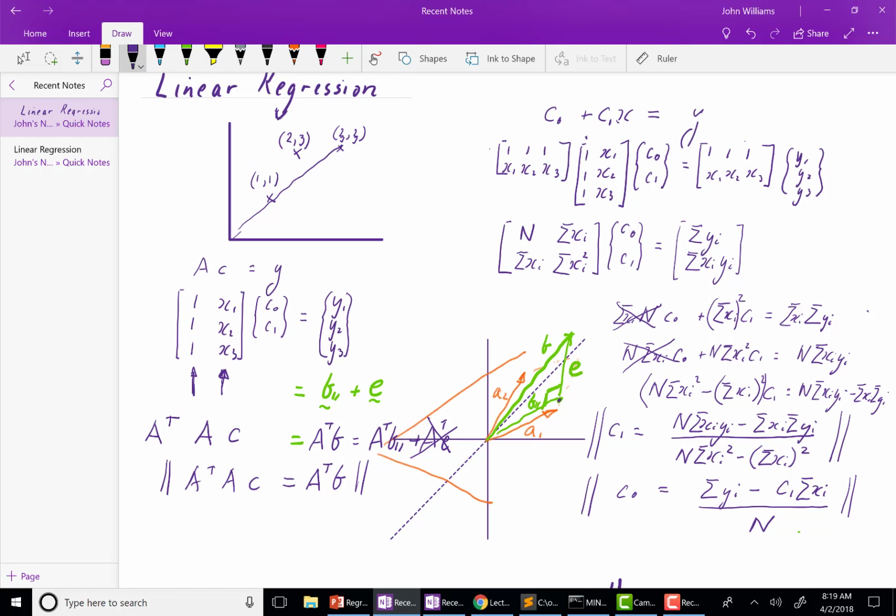Okay. And that's a very neat way to prove these. We could have done it by looking at the errors and calculating a least squares error. So, for example, here, this would be our predicted y, and the actual y would be this y bar.